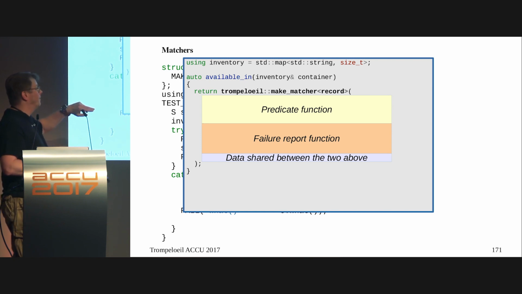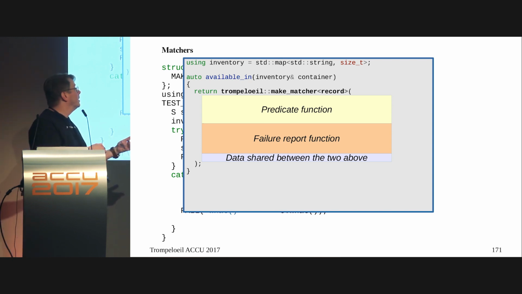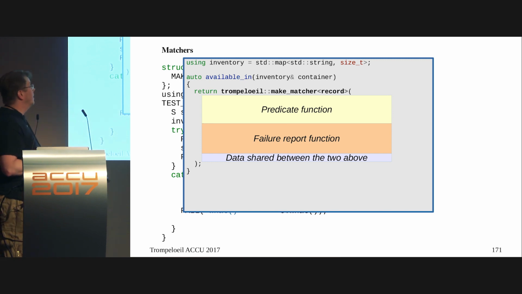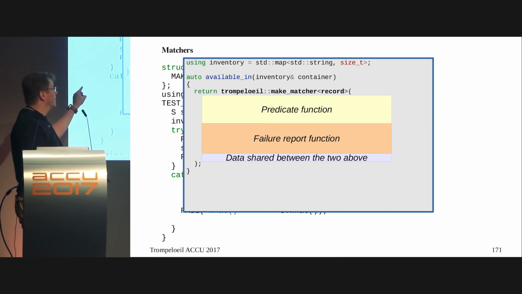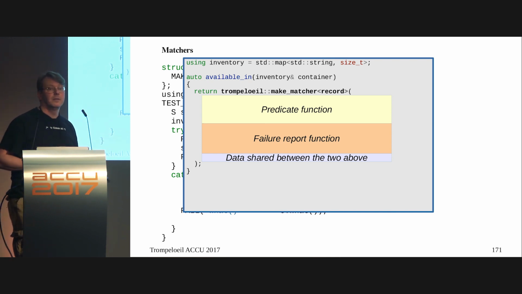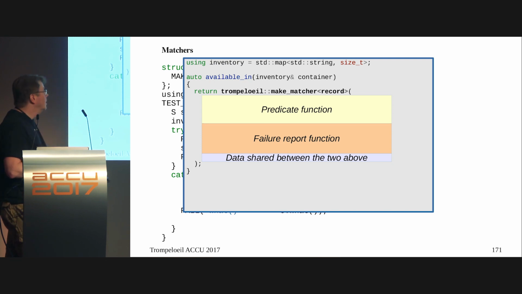If you choose to use lambdas for the predicate and the report function, I can of course choose to capture them in the lambda capture. But if we have, say, a unique pointer given by value, that doesn't make sense, so I can have it as a stored value in the matcher object instead.